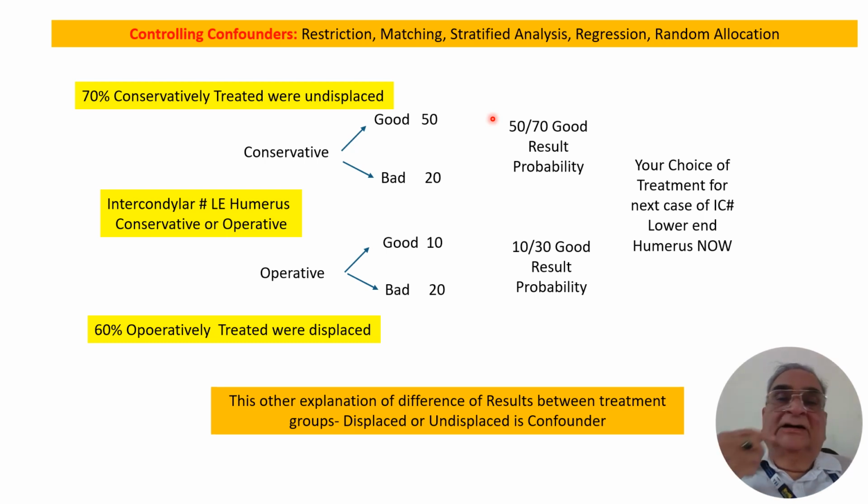And then if the measures of association like risk ratio or odds ratio are sufficiently similar in the two strata, then we can combine the results of the two strata to give an adjusted odds ratio or adjusted risk ratio, adjusted for the confounder, the undisplaced versus displaced strata.